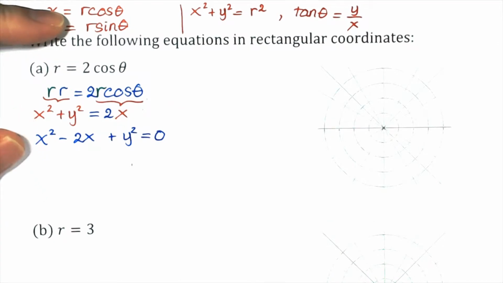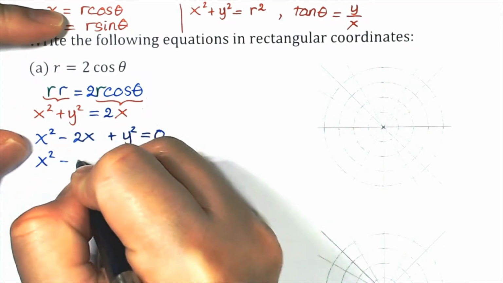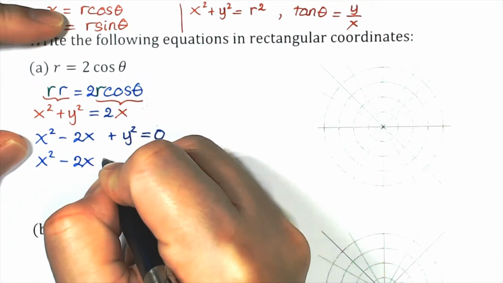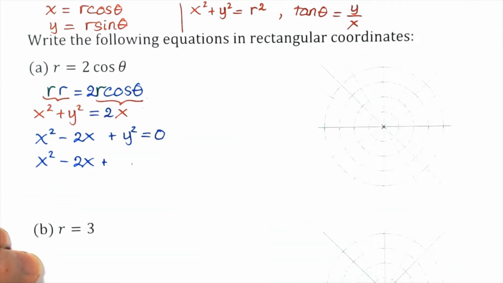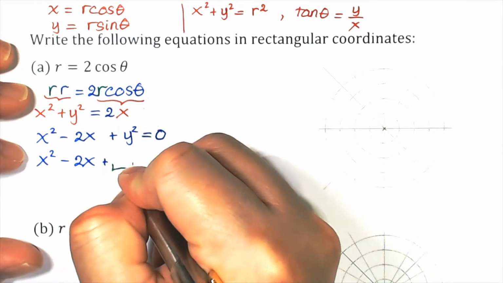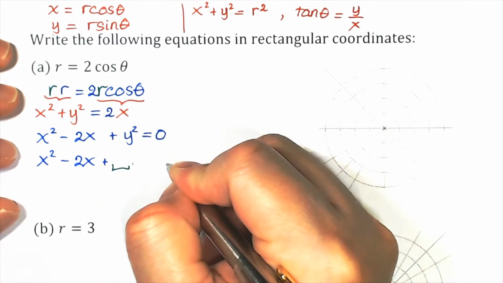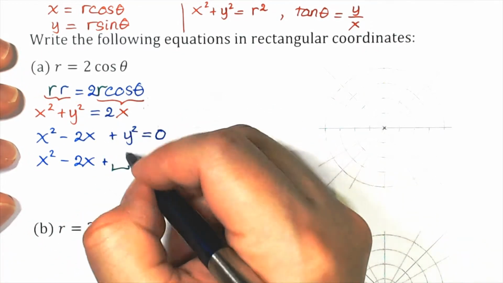Now to complete a square, we're going to need to add something here. And then because of that, we're going to have to add the same thing on both sides.